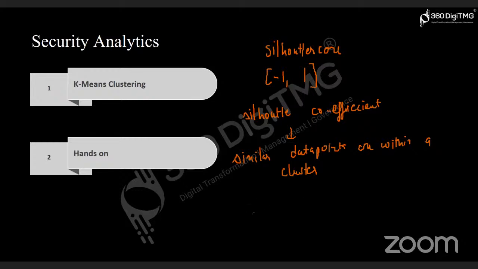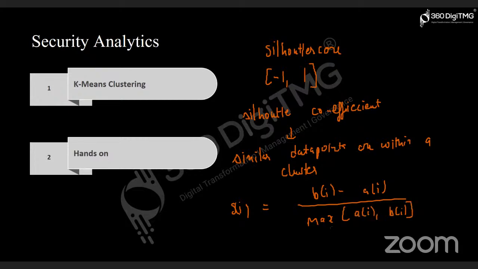And to calculate, the formula is given as this. So you have B of I minus A of I divided by max of A of I, B of I. So A of I, what is A of I?